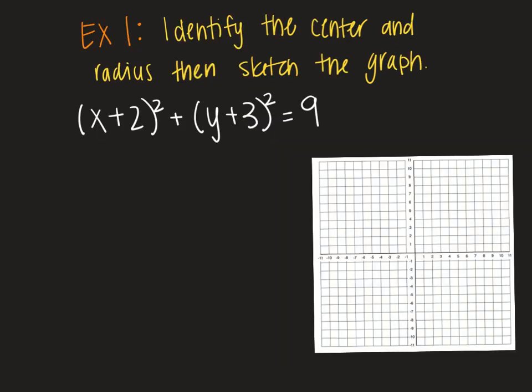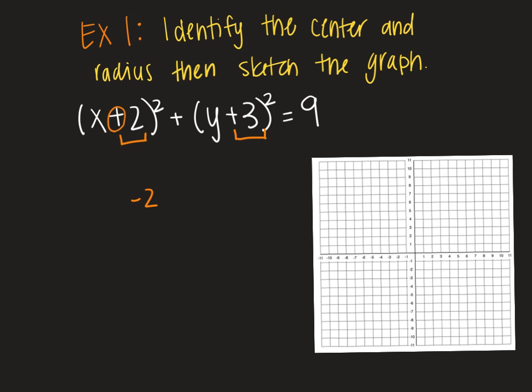Example 1, we're going to identify the center and radius, then sketch the graph. Looking at this equation, we're going to look at these two letters. Since this is positive in the equation, that is always a negative, so that 2 makes that 2 negative. When you're writing the center, the signs are pretty much switched.